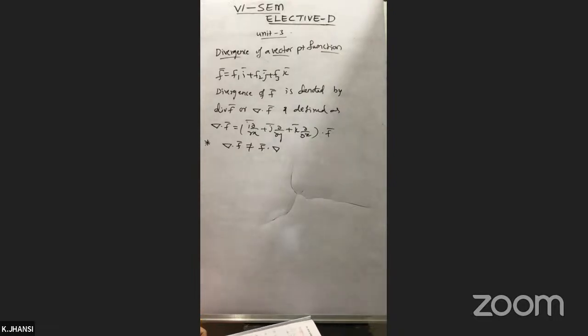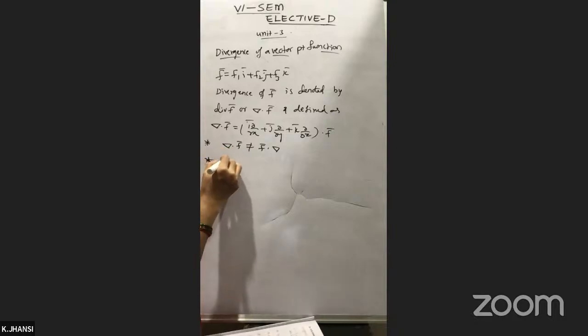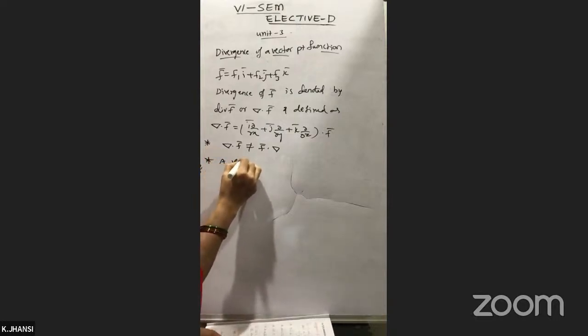And if C is a constant vector, then div of C is equal to 0. Okay. So for gradient, you will have the directional derivative, and here you will have the solenoidal. So a vector F, this is the important one. Okay. For solving the problems also.